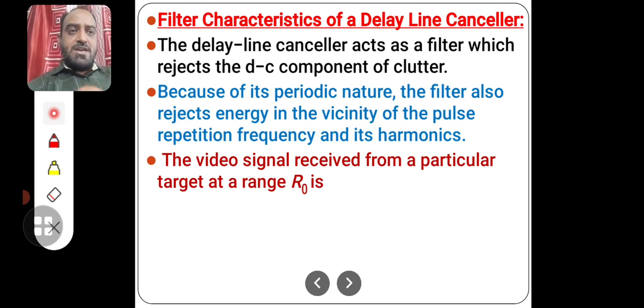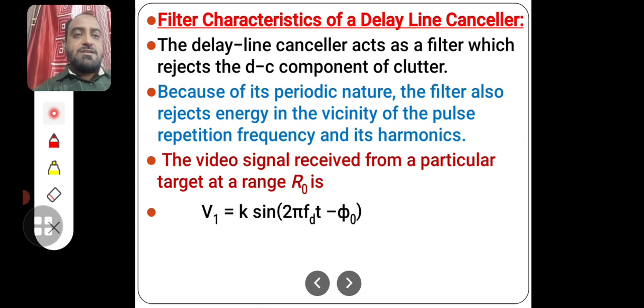Because of its periodic nature, the filter also rejects the energy in the vicinity of the pulse repetition frequency and its harmonics. If a target lies at the pulse repetition frequency, it cannot be seen by this type of filter.